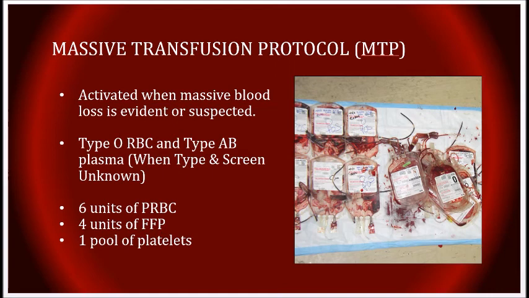And massive transfusion protocols usually include 6 units of PRBC, 4 units of fresh frozen plasma, I'm sorry, and 1 unit of platelets.